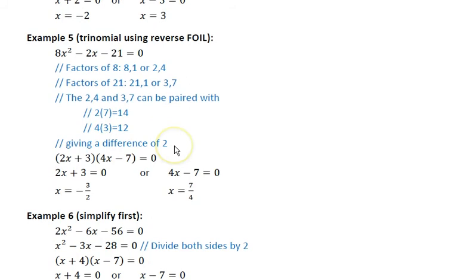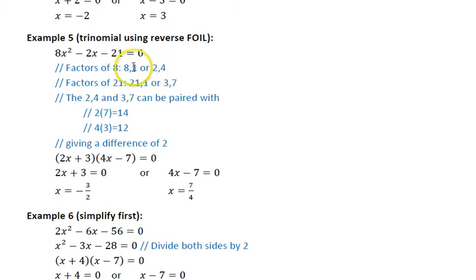Example 5, another trinomial using reverse FOIL. This one's more difficult because there's more possibilities. 8x squared minus 2x minus 21 equals 0. We look at factors of the leading term coefficient, 8, and of the last term, minus 21, but we're just looking for the numeric factors.